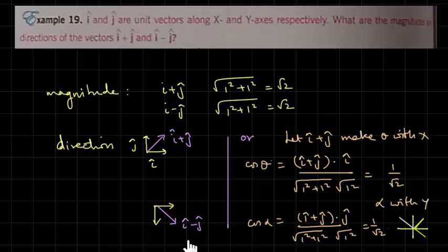Similarly, you can find for i minus j also: take a dot product of i minus j with your i cap and minus j cap, and you will find that both of them are making 45 degrees with this vector. So the only valid direction is this one, which is southeast.